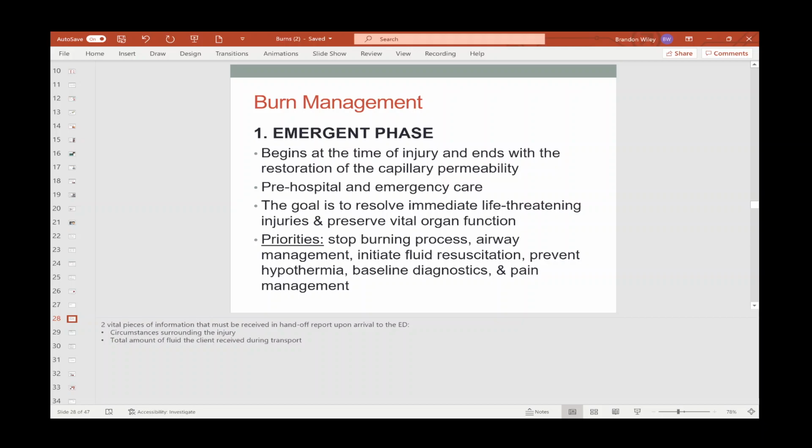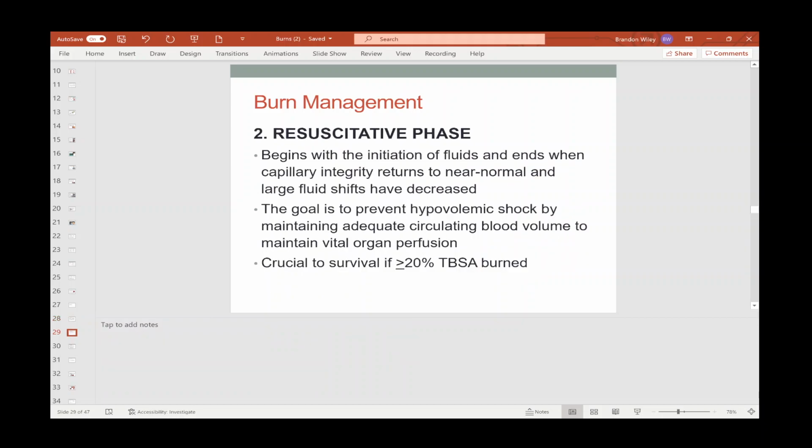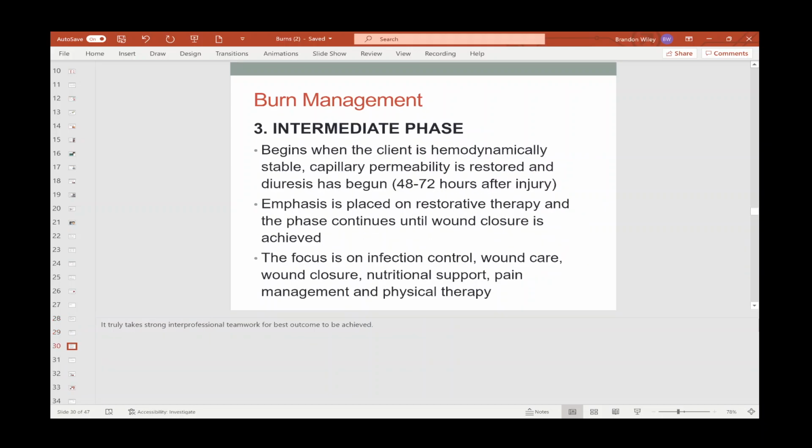Resuscitative, again, we're giving them fluids. The goal here is to treat that hypovolemic shock and to get them recirculated. Intermediate, this is where we have restored capillary permeability. This is where we turn the corner.